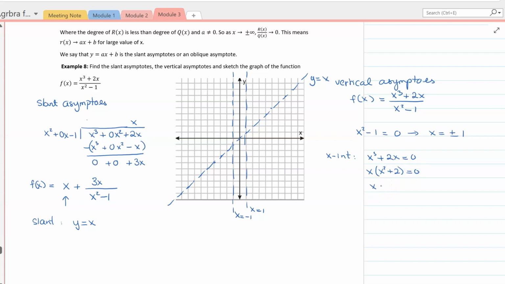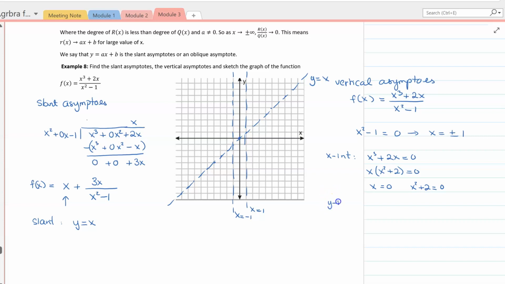Then x is equal to 0, or x squared plus 2 equals 0. x squared plus 2 equals 0 doesn't have a real solution. So then we only have the x-intercept at y equals 0 and x equals 0.